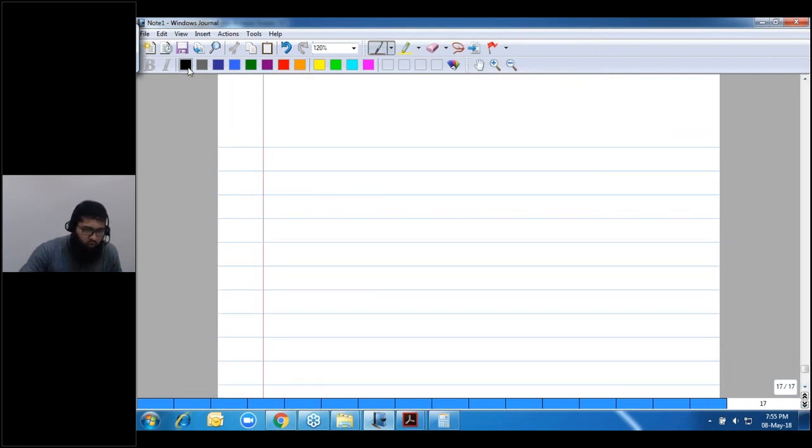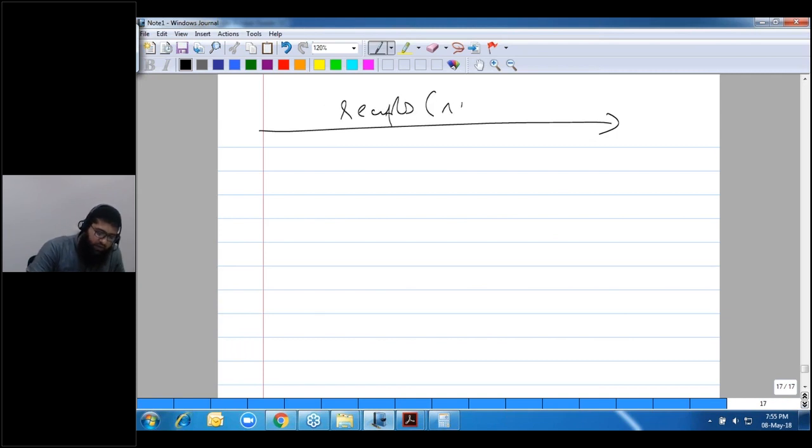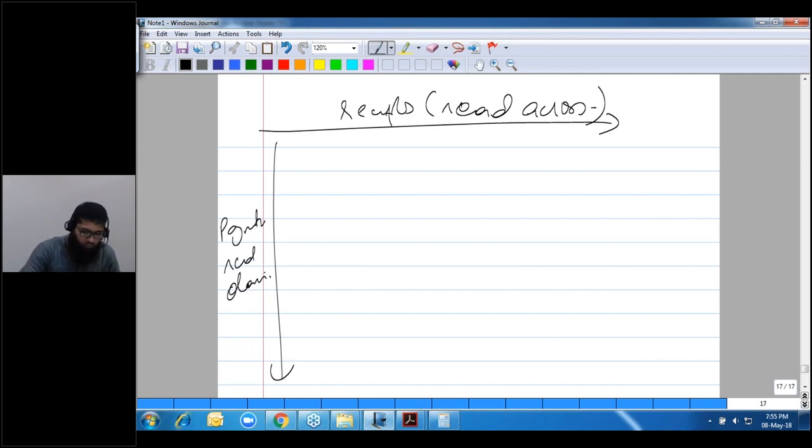Now, for the creation of the transaction matrix, you could say that for the receipts, read across, and for the payments, read downwards. So we could create a matrix like this.